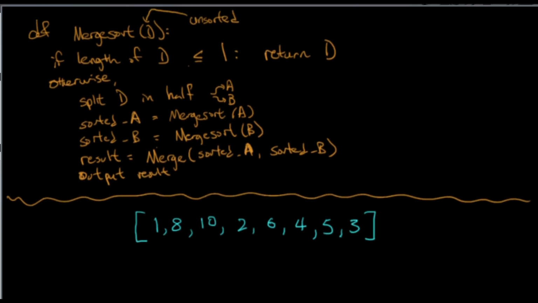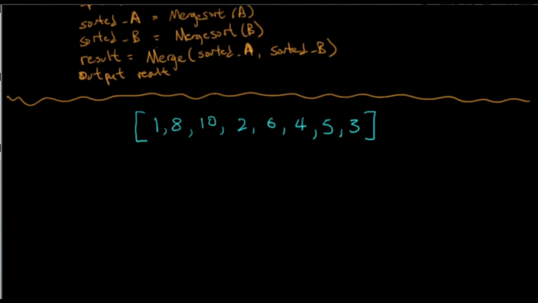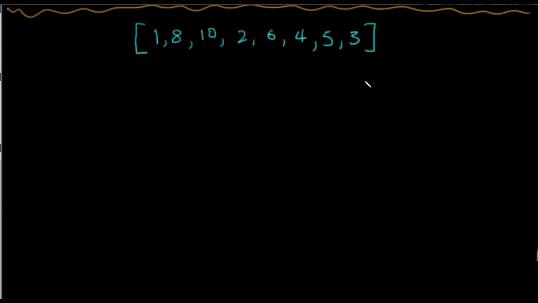I'm going to try and go back and forth between these two screens as much as I can. But what's our first step? Well, I think you can go off of that code that we wrote before, but you can also go off of the intuition that we had, which was I have no idea how to sort this giant array, right? Let's say we've called merge sort on this array. I have no idea how to sort this giant array.